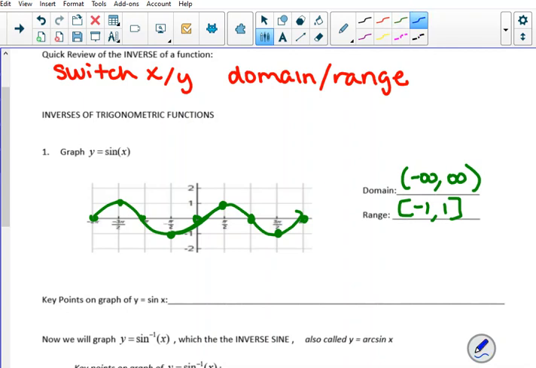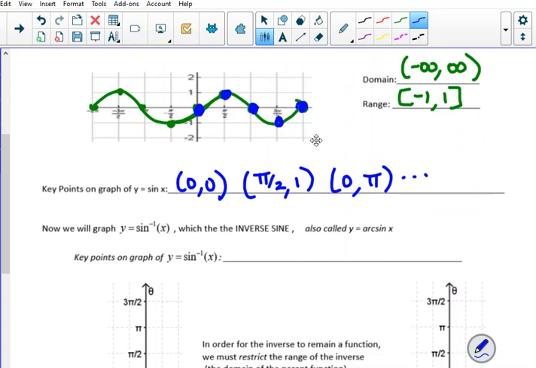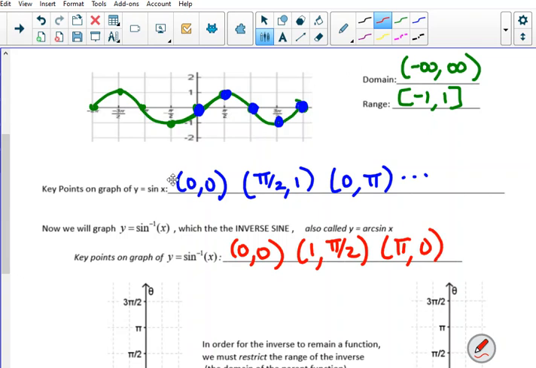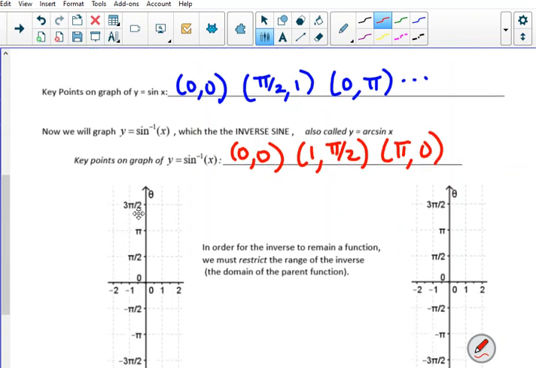We listed some of our points, like 0, 0 and pi over 2, 1, and pi, 0, and so on. Usually these 5 points help us build our sine curve. When we flip it to inverse sine, 0, 0 is not a real good example, but 1, pi over 2 and 0, pi are more illustrative of showing that my x and y are switching.